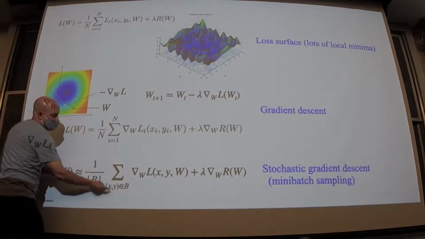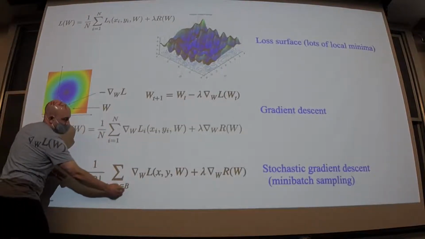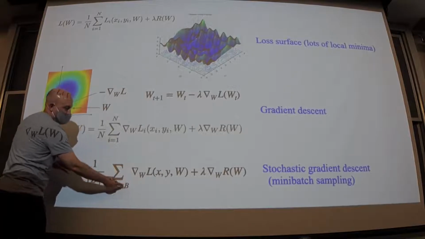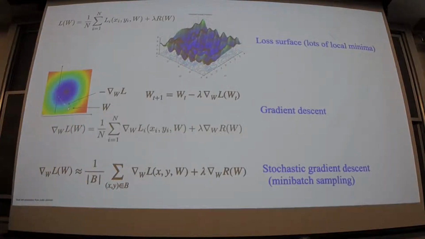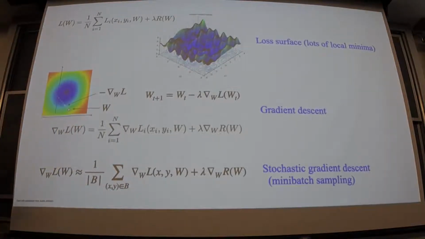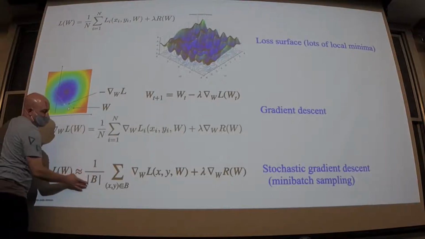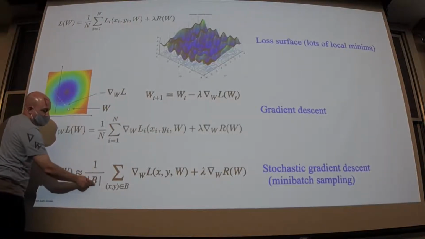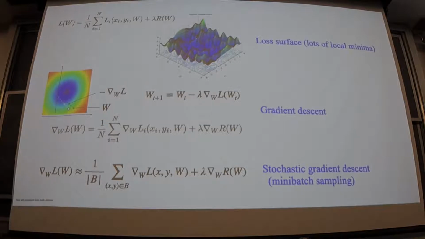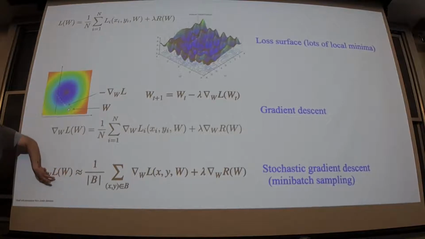So the thing that changes is you do the sum over just the batch, or mini batch as it's called. And you're still doing an average, so the number of points is the size of the batch. Now that's our estimate of the gradient, and we use that.